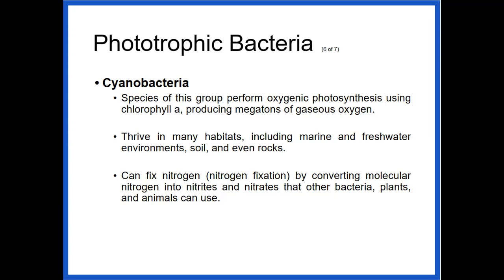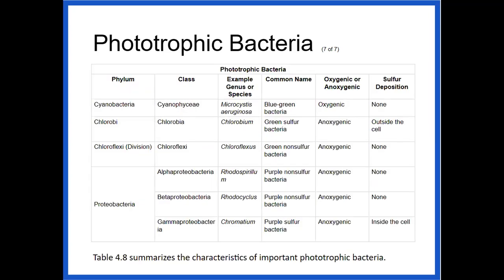So you can convert the nitrogen in air to nutrients that other bacteria and plants can use. So usually nitrites and nitrates. Okay? Yan. So blue-green bacteria, cyanobacteria. So remember that. One of the first organisms to produce oxygen for the Earth's atmosphere.